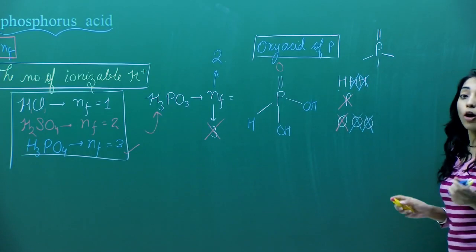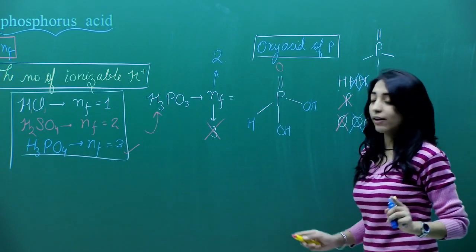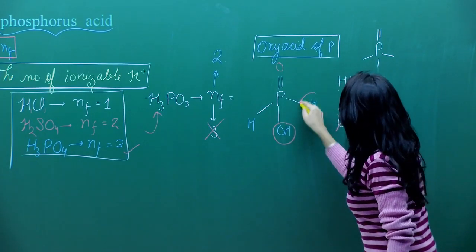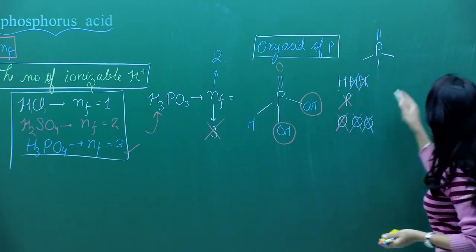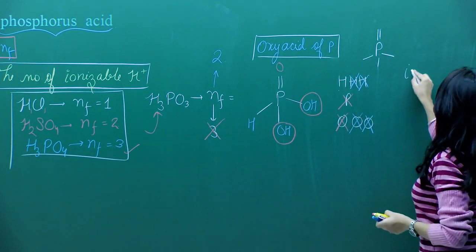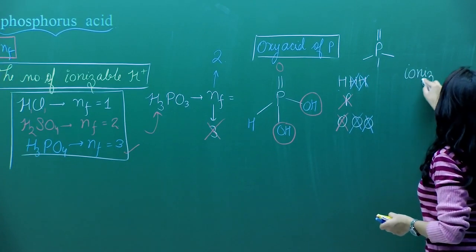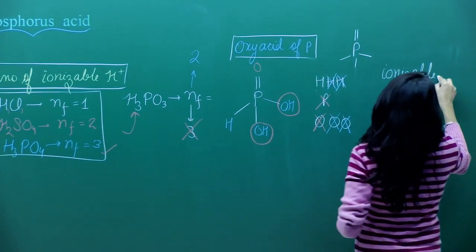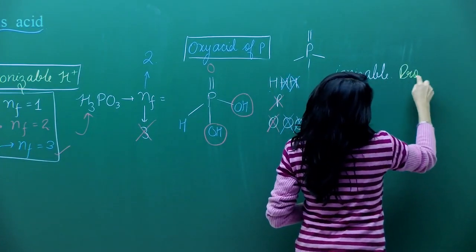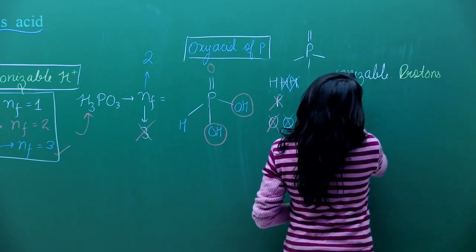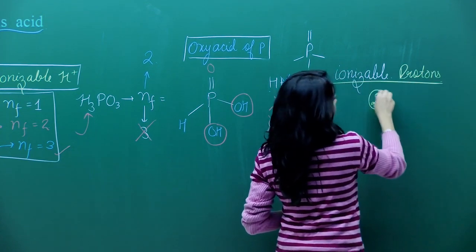And guys, now according to the same definition that I have written, there are only 2 protons which are attached to oxygen. So the number of ionizable protons in this structure is 2, right?